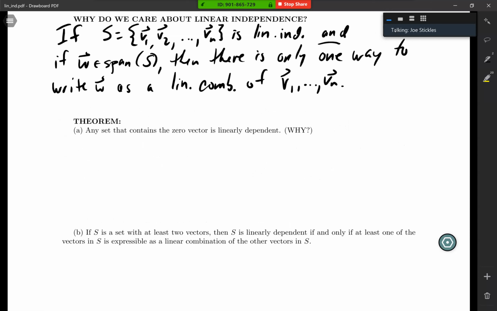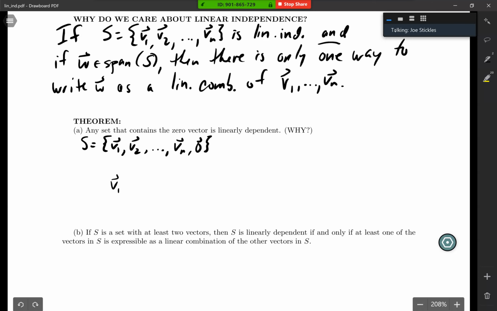So let's say S was the set V1, V2, up to some Vn, but I stuck 0 in there as well. Okay. Can you give me a linear combination of these vectors?